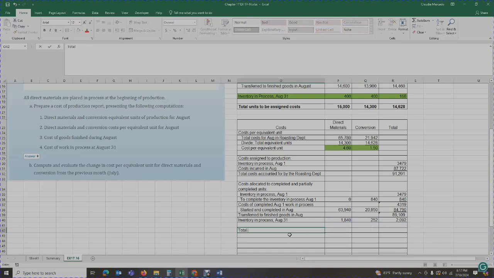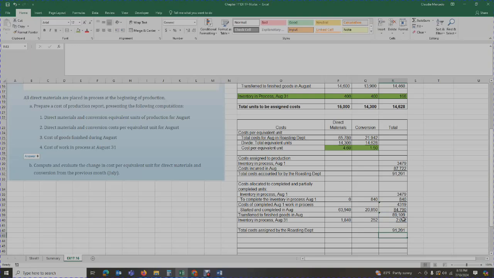Now I can finally calculate my total cost assigned by the roasting department. Okay. So to get the total cost, I'm going to get whatever was transferred to finished goods in August, and I'm going to add that to my inventory in process, and that gives me my total cost of $91,201.